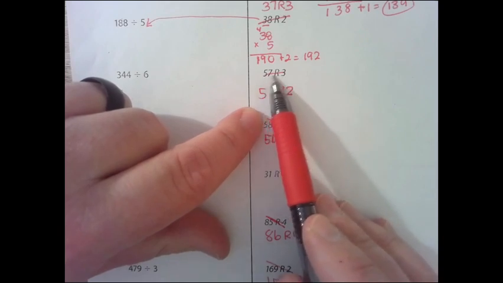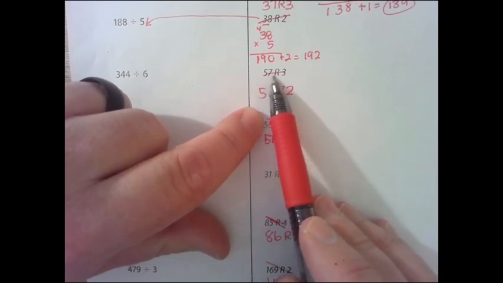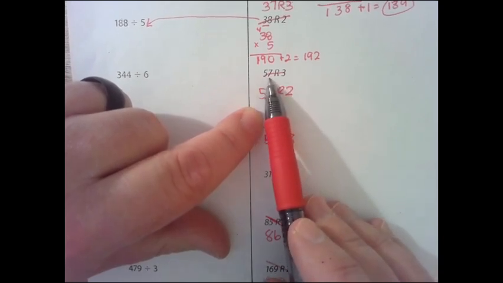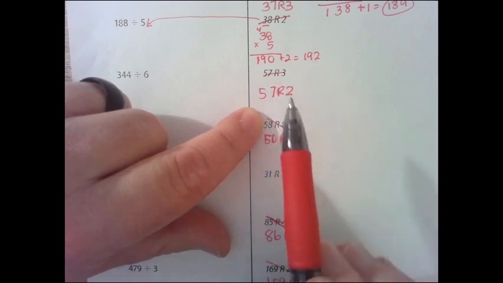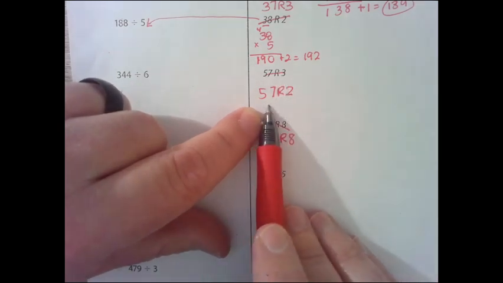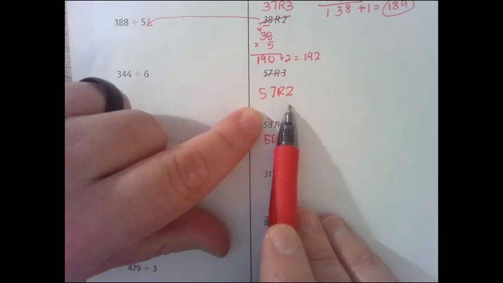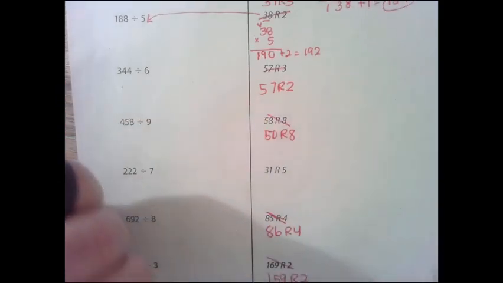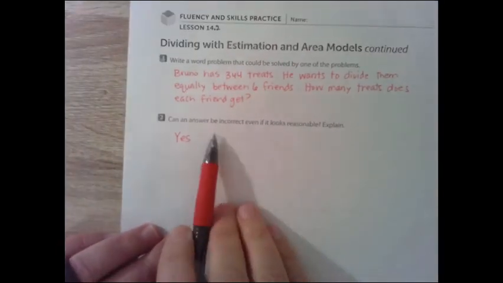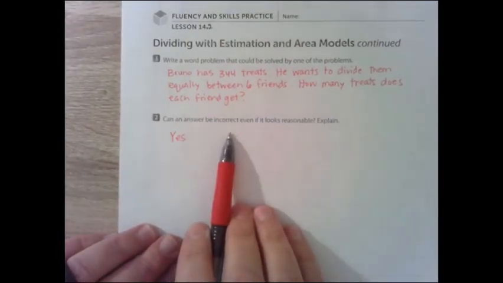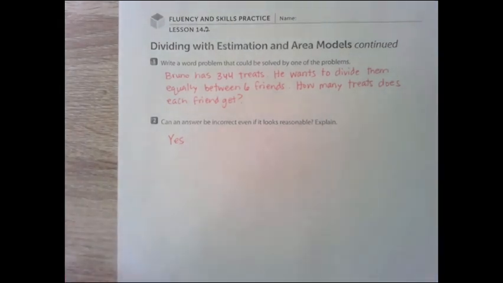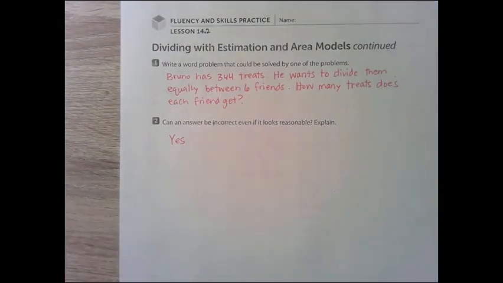If I just looked at it, I'd say that's pretty reasonable. But when we checked it, it was off, and the answer was 57 with a remainder of 2. So yes, it is possible for an answer to be incorrect even if it looks reasonable. That would be my explanation. So you have to be very careful with these types of problems.